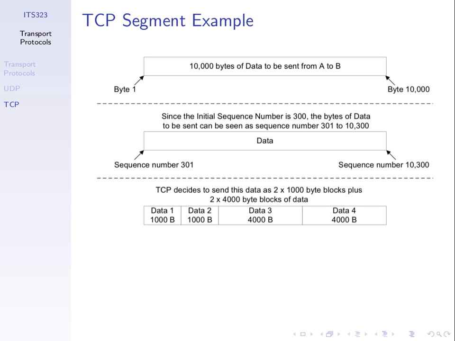The second byte of data we could label number 302, and so on. So of those 10,000 bytes, the last byte we could think is sequence number 10,300. So we count bytes in TCP, not segments.